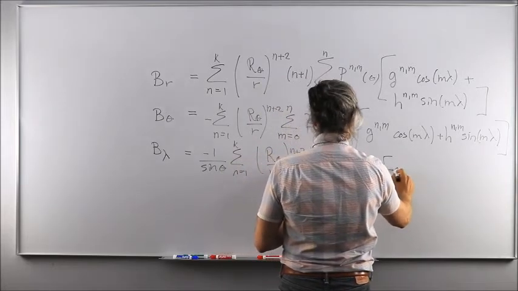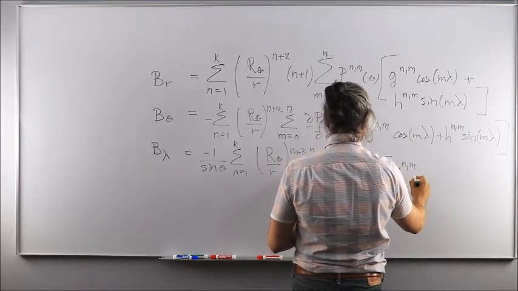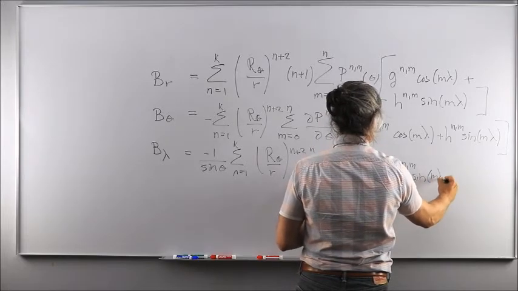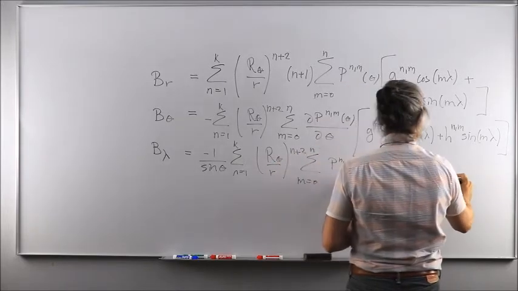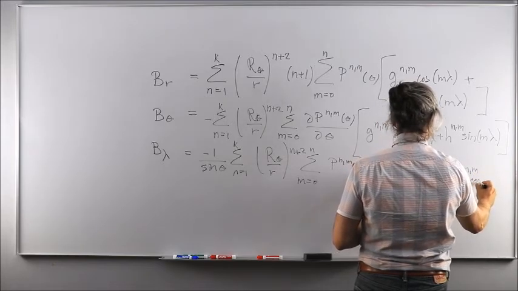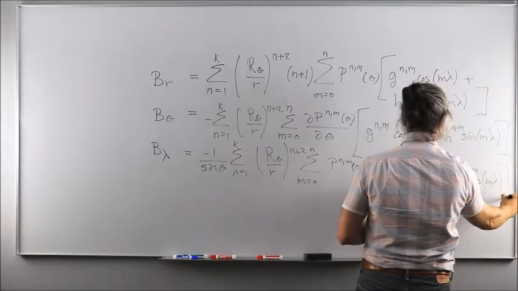All this times minus g, the Schmidt normalized coefficient here, and then same thing, m longitude plus h_n^m cos m times longitude.